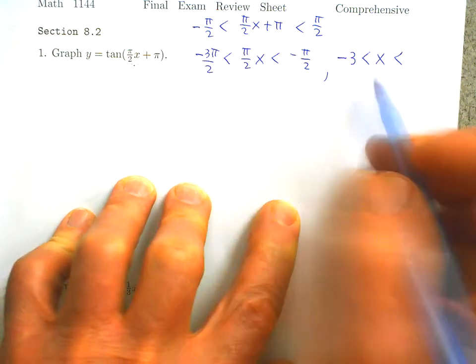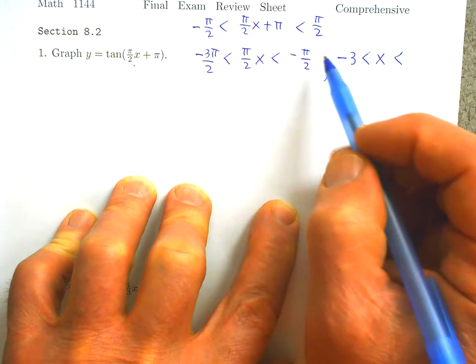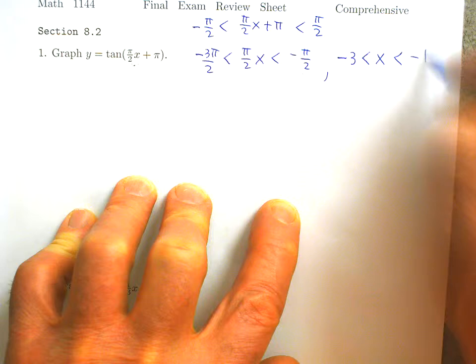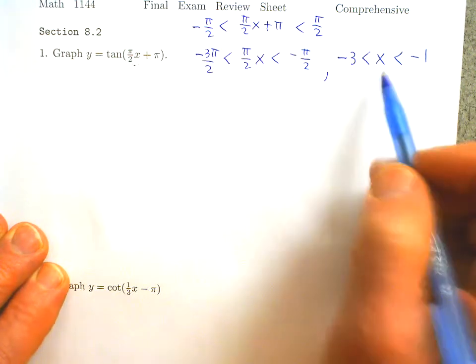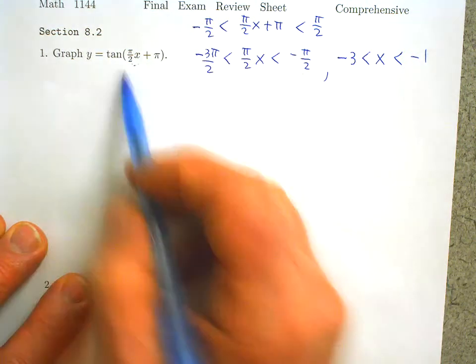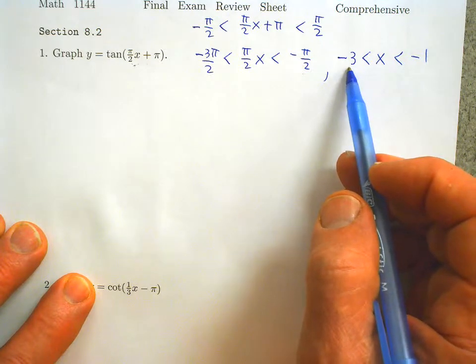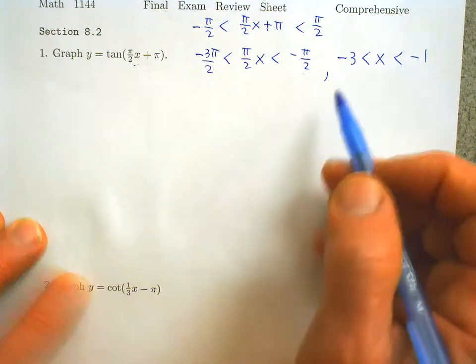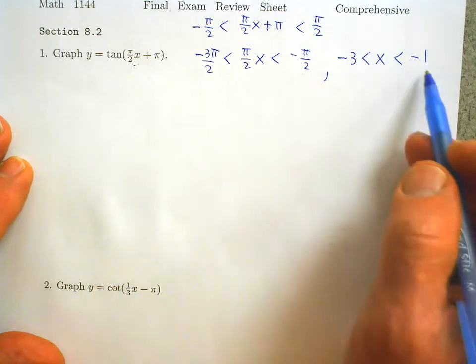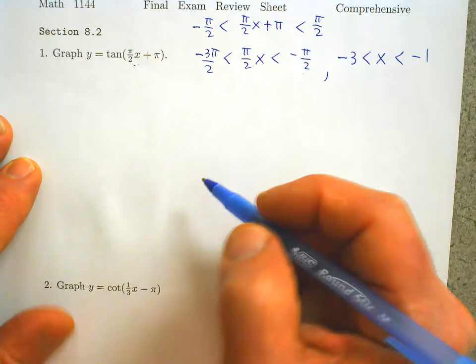And then negative pi over 2 times 2 over pi is negative 1. So the period of this tangent function is going to be between negative 3 and negative 1. And negative 3 and negative 1 is where we have the vertical asymptotes.